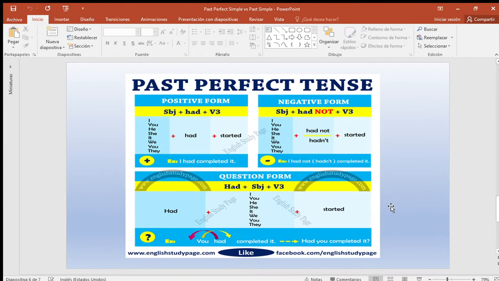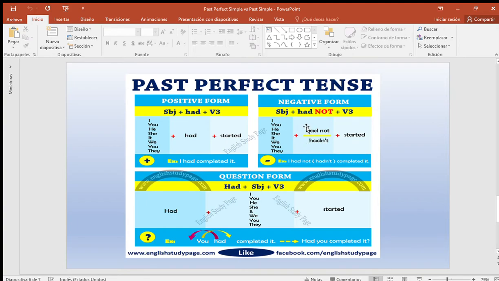Here we have the structure that past perfect tense has: positive, negative, question. Positive: subject, had, plus a verb. This is the subject. This is the auxiliary. Had is an auxiliary, and is the same for all the subjects. And a past participle verb. The negative: we have the subject, had not, past participle verb, had not or hadn't.